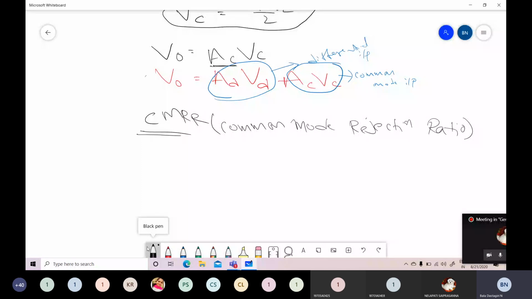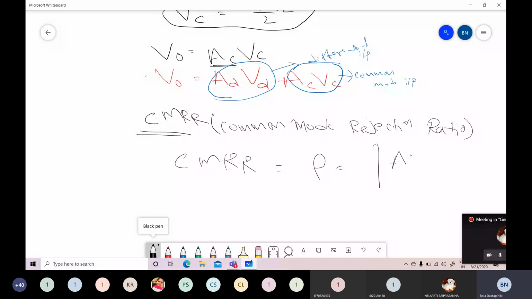The ability of a differential amplifier to reject a common mode signal is represented in terms of the common mode rejection ratio, denoted by CMRR. Therefore, CMRR can be defined as the ability to reject common mode signals, denoted as rho, which is nothing but AD by AC.